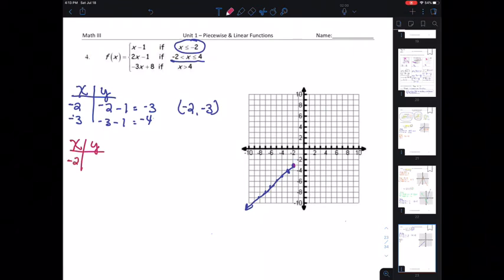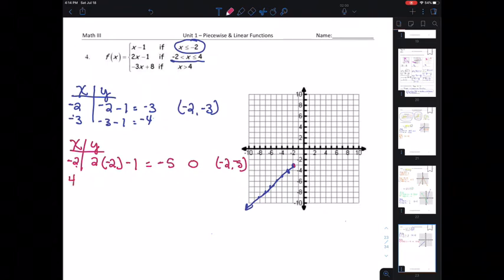This is a closed circle. We talked about that. Putting negative 2 into the middle one, we get 2 times negative 2 minus 1, which is negative 5. So at negative 2, negative 5, we have an open circle.